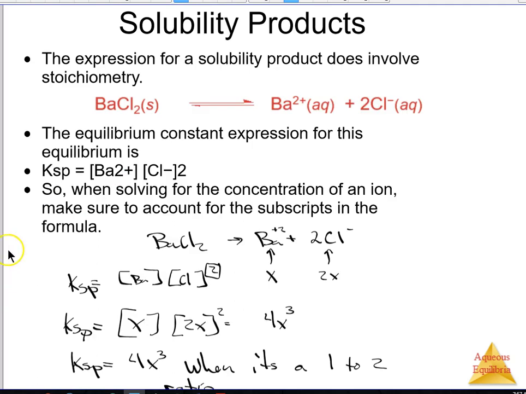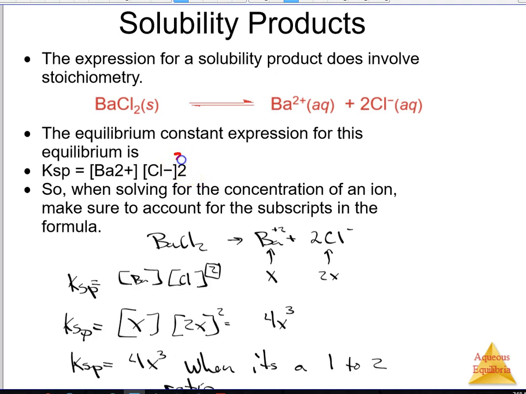All right, now, here's where we are already going to talk about things that make it a tiny bit harder, but it really isn't that much worse. The expression for a solubility product does involve stoichiometry. The equilibrium constant expression for this one would now have the Cl2, because remember the coefficient becomes the exponent.